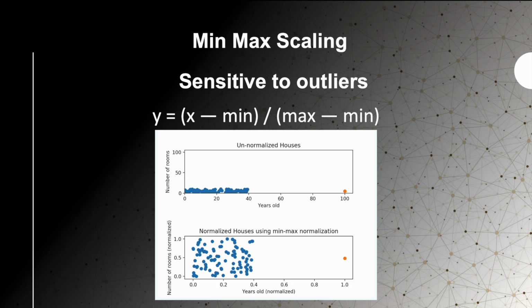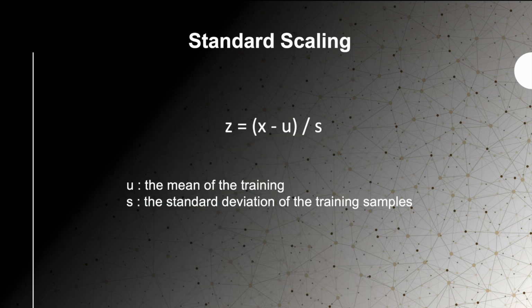Standardization, on the other hand, is less affected by outliers. It subtracts the mean value and divides the result by the standard deviation. Unlike min-max scaling, it does not restrict the values into a specific range. Let's apply standardization to the total_bedrooms data frame.